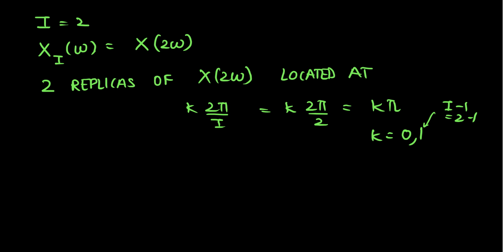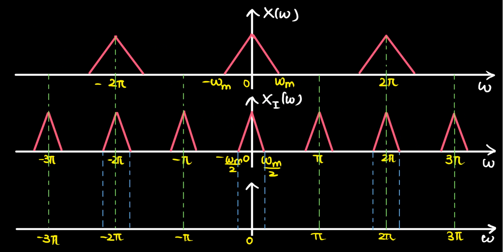So this is for the range of 0 to 2 pi, and the same thing would be happening in every interval of 2 pi. So I would be having replicas at pi, 2 pi, 3 pi, 4 pi, and also at minus pi, minus 2 pi, minus 3 pi, and so on. So it would appear something like this. This is the Fourier transform of the interpolated signal.